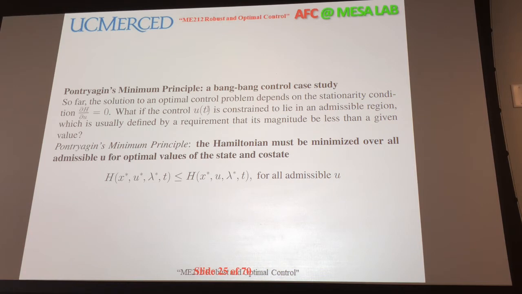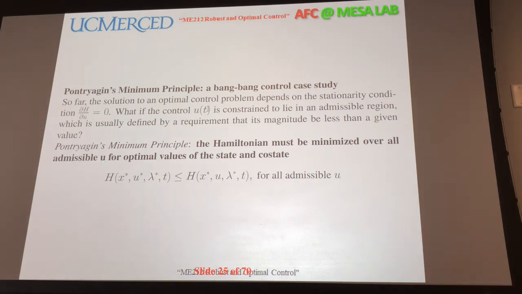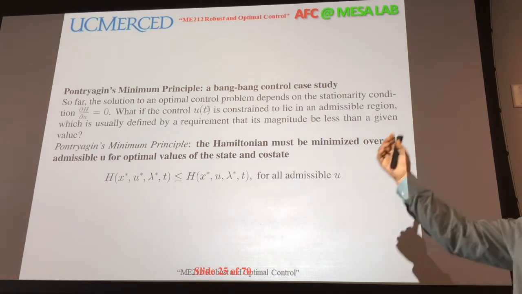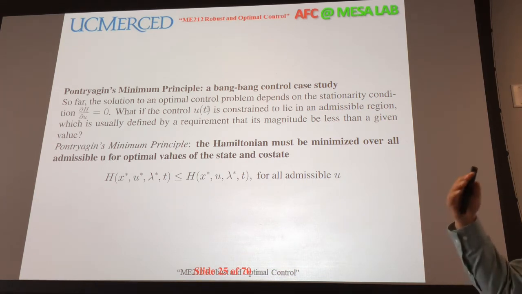The control is bounded. This is always true in practice. You don't have a huge control authority over the control system. So admissible U means within the bound. You cannot have the authority to go over that control limit.